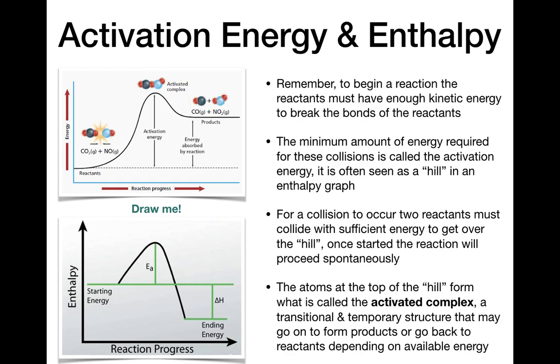If there's enough energy available, it will continue to form product. If there's not, it will go back to reactant. So it depends on the energy whether that activated complex can then form product. Here we have carbon dioxide and nitrogen monoxide reacting, the activated complexes combine, and we end with carbon monoxide and nitrogen dioxide.